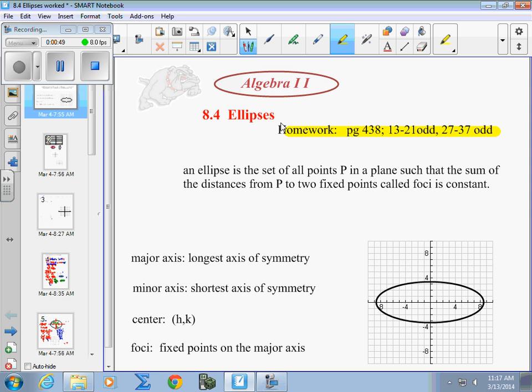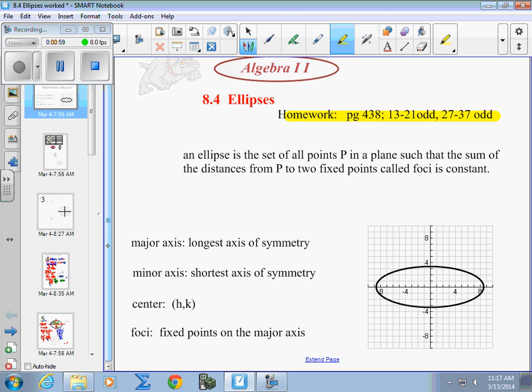So on my picture here, and on your picture on your sheet of paper, I have a version of an ellipse. When we talk about an ellipse, it is either vertical or horizontal. This particular ellipse is horizontal because the major axis, which goes from here to here, is the longest axis, and it is horizontal.